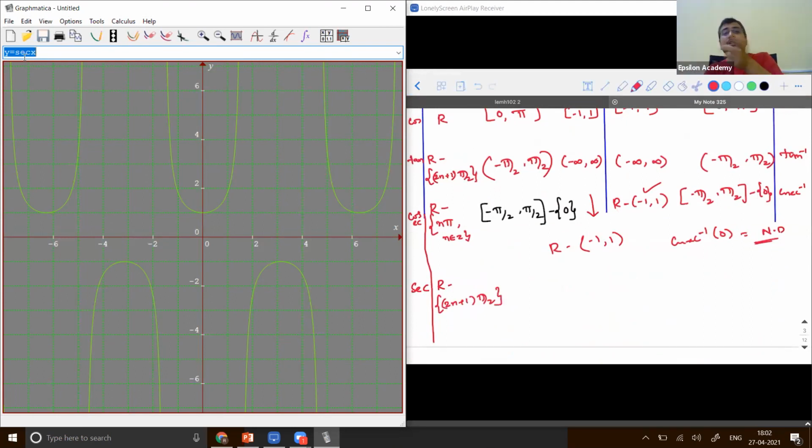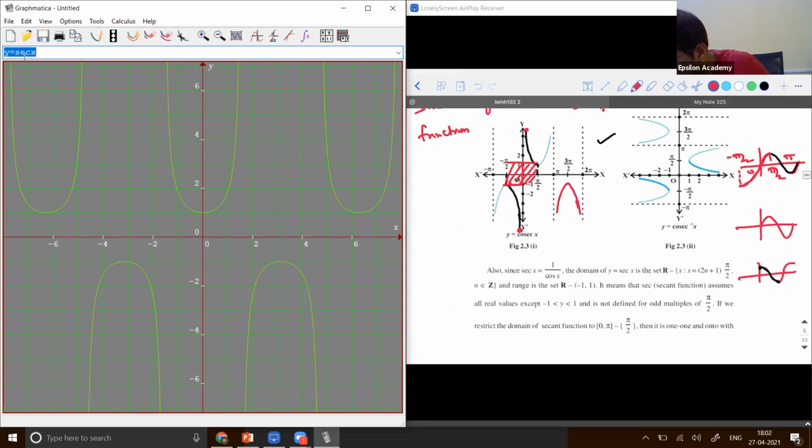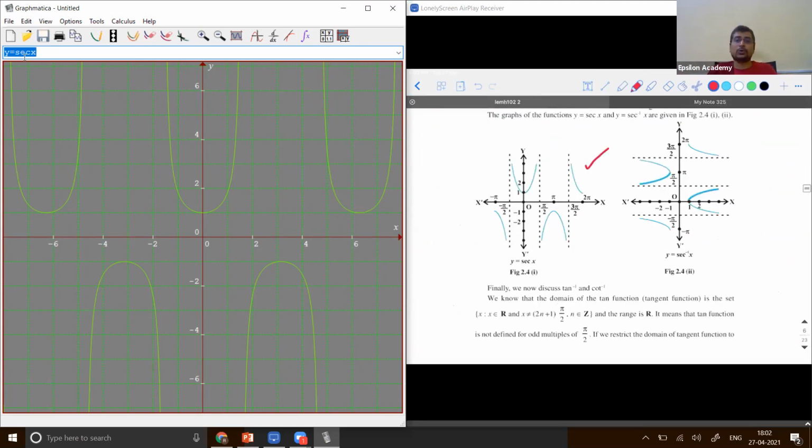Now what is going to be the domain? A restricted domain. For restricted domain, I need to look at the graph again. So this graph and the graph which I am showing are the same. So restricted domain will either come between minus pi by 2 to pi by 2 or 0 to pi. If you take 0 to pi, sir, why?